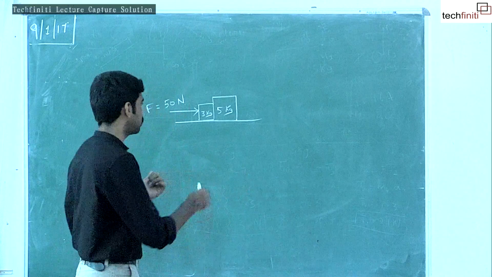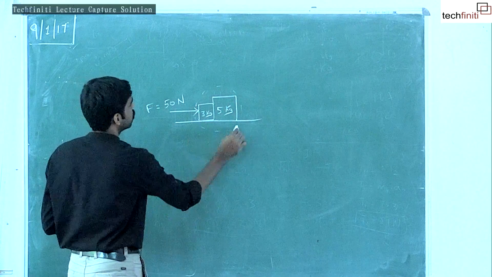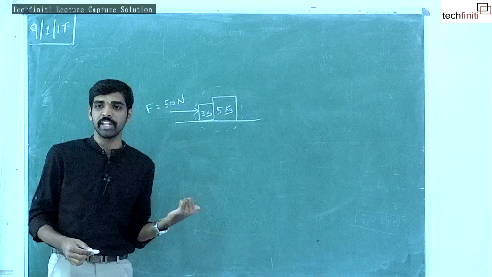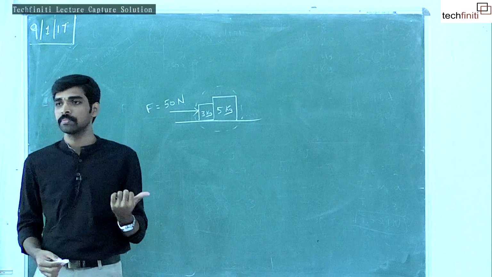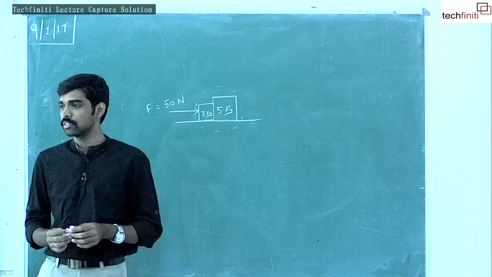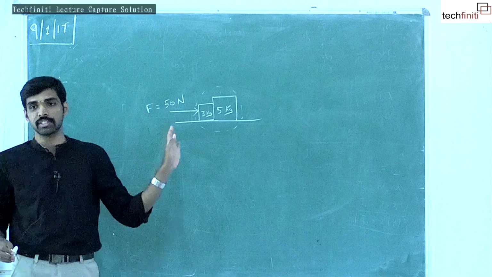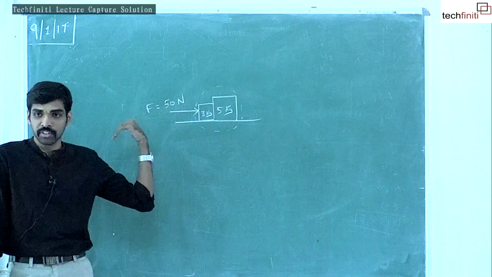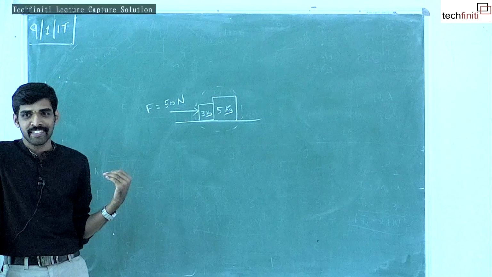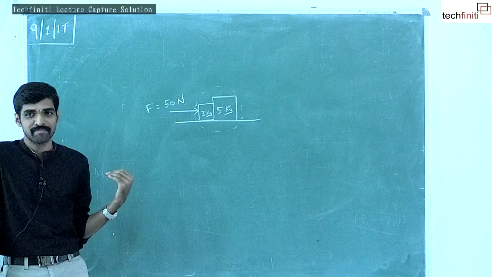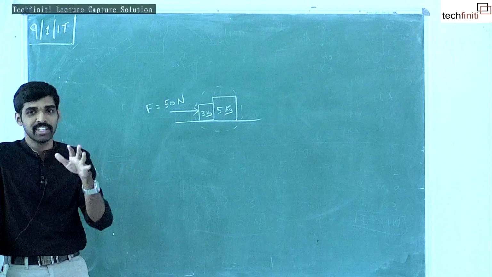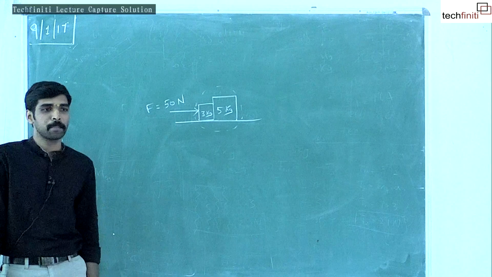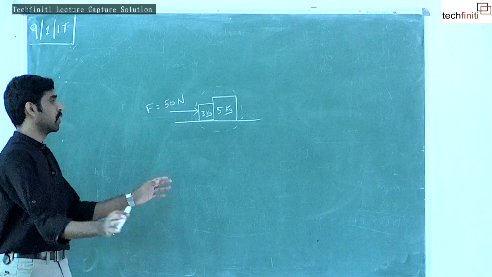As I said, the system is 3 and 5. Use the system to find the acceleration of the system. So what is the acceleration? How do you find it? What is the net force on the system? It should be more than that. Okay, wait.